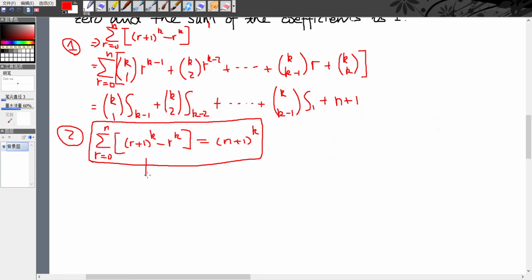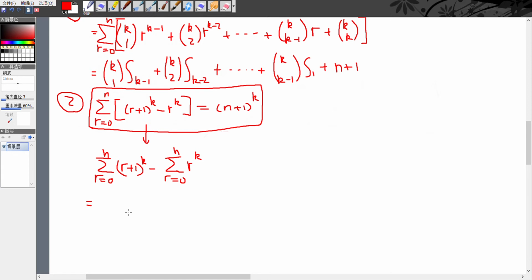So let's simplify the left-hand side a little bit. Summation from r equals 0 to n of (r plus 1) to the k minus summation r from 0 to n of r to the k. And this expression equals, apparently, the following expression right here, which is just Sk. But what about the previous expression in front of Sk?